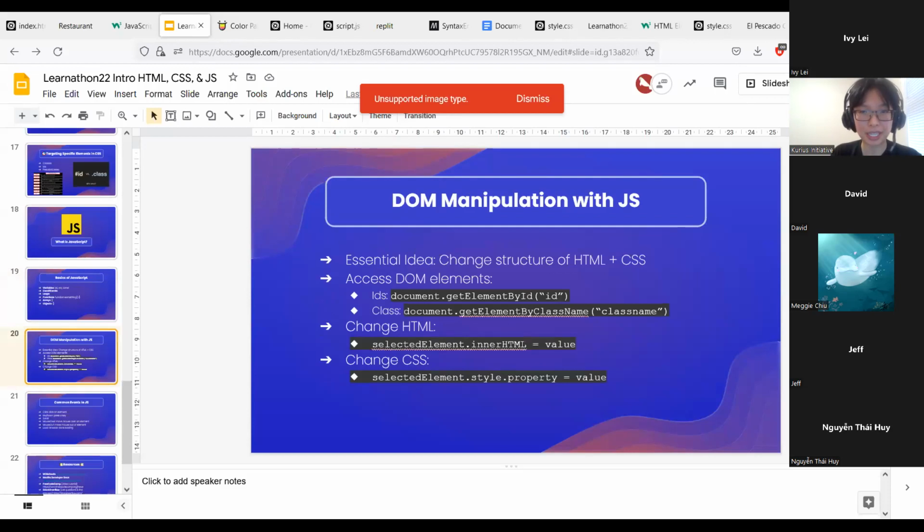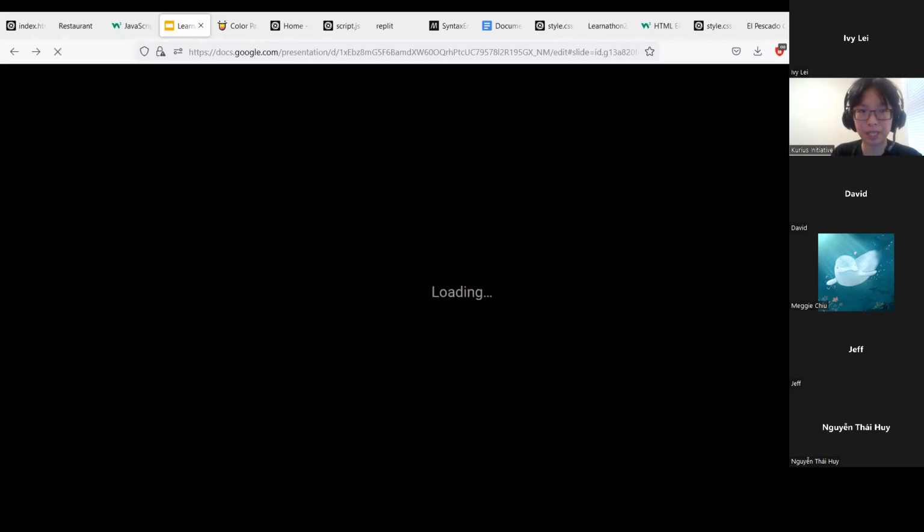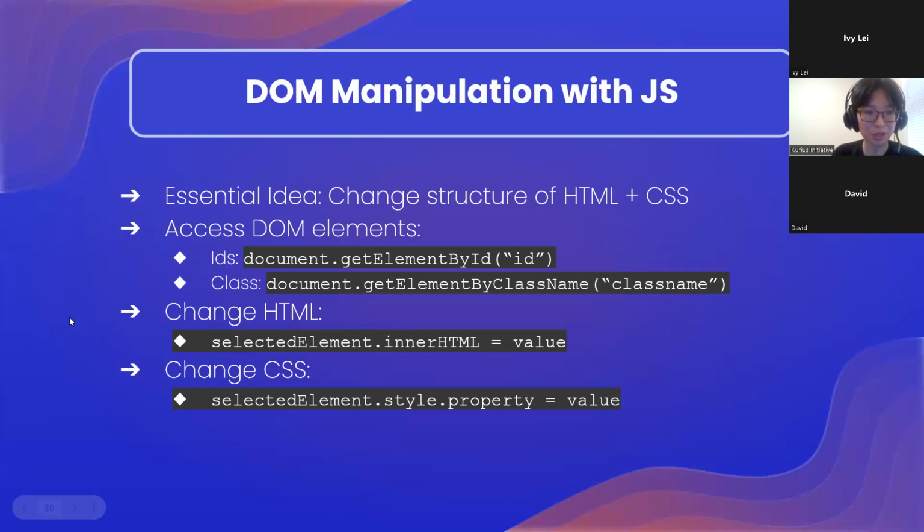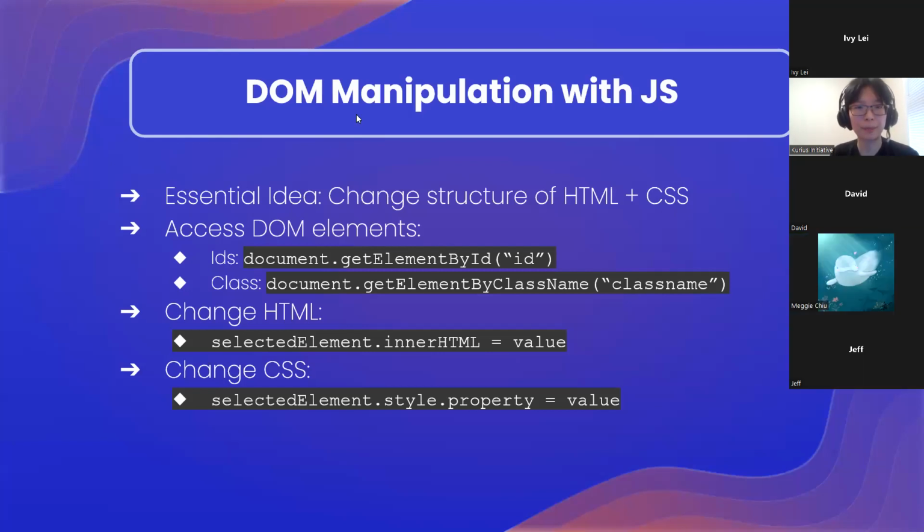Okay, so now we're going to see why JavaScript is so useful for web development. JavaScript is really useful because you can make your page interactive, because with JavaScript, you can change the structure of HTML and you can also change the CSS.